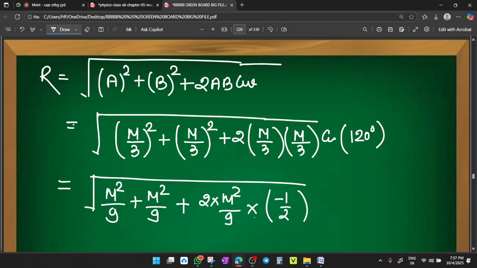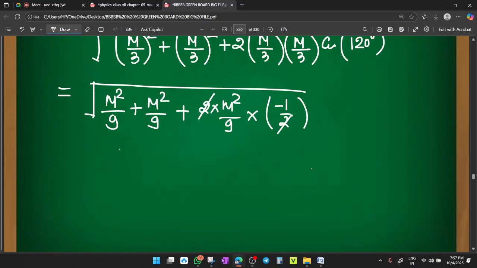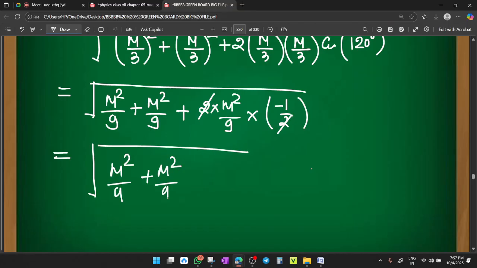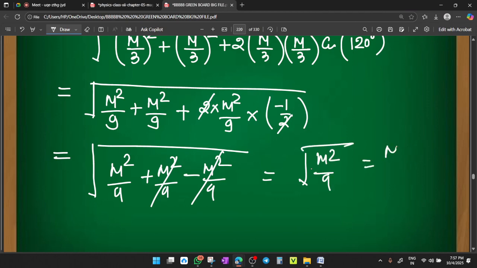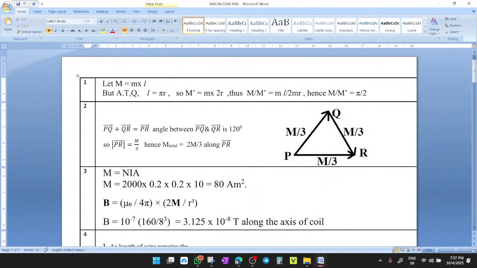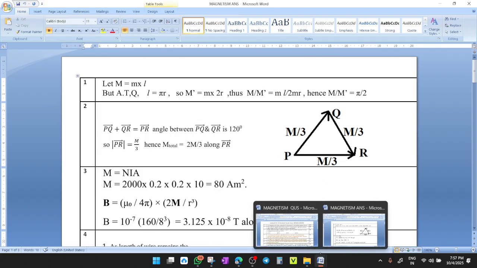The 2 and 2 get cancelled out, and we have m square by 9 plus m square by 9 minus m square by 9. The m square by 9 terms cancel. Under root of m square by 9 will give you m by 3. So this is the magnetic moment for the two vectors. Okay. So for two vectors, the magnetic moment equals m by 3.